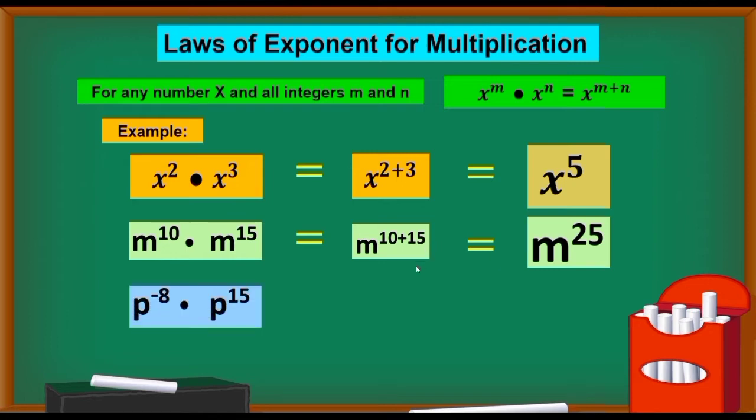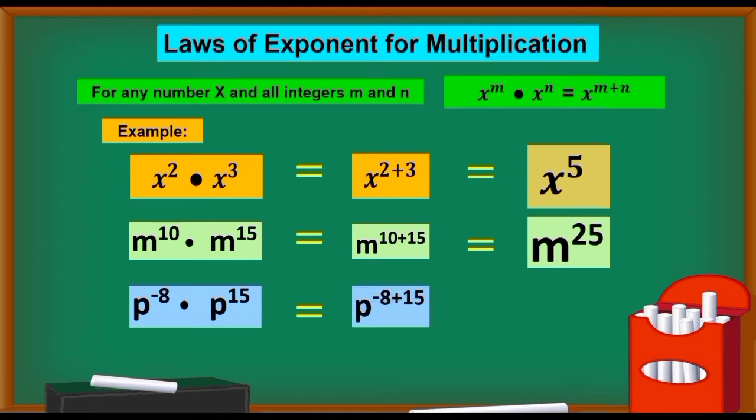And last example for this laws of exponent. Given ang p raised to negative 8. Ma'am, pwede po ang negative? Yes, pwede pong gamitin ang negative exponent times p raised to 15. Ia-apply po natin yung operation ng integers. Tandaan, kapag magkaiba ang sign, sinusubtract lang po natin yung number at kinokopya natin yung mas mataas na sign.